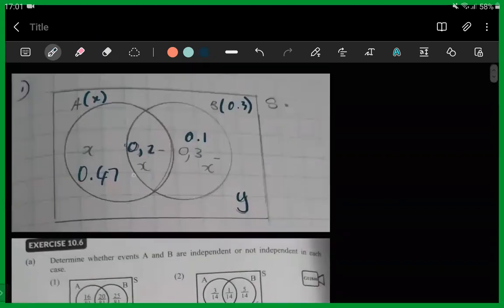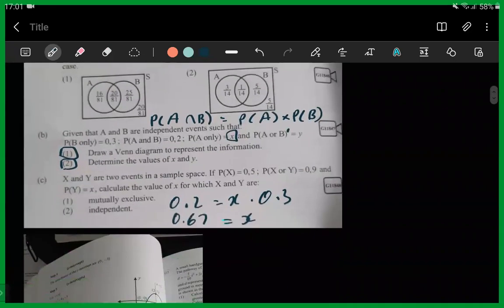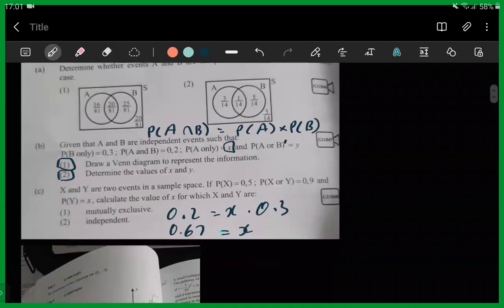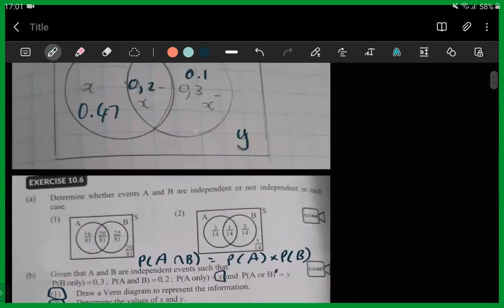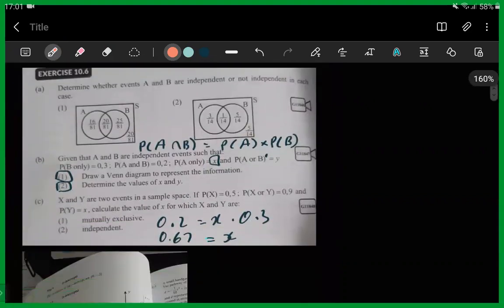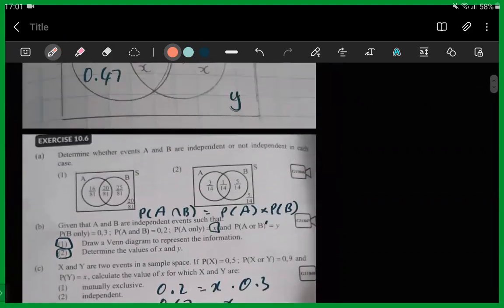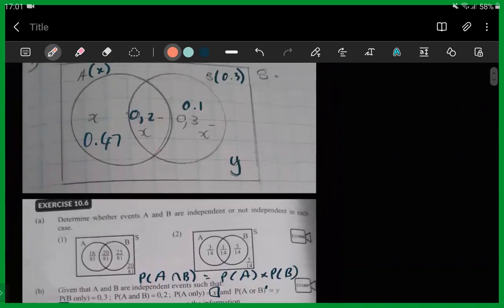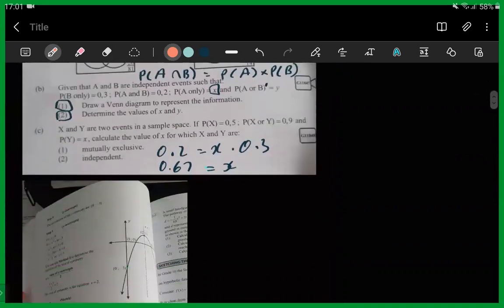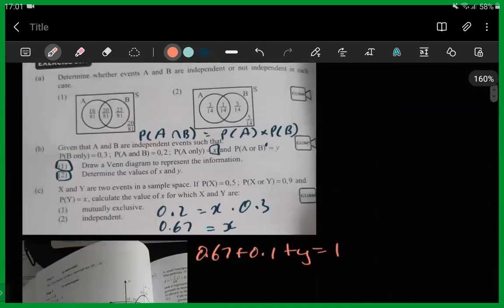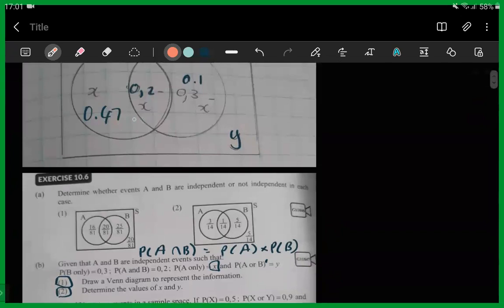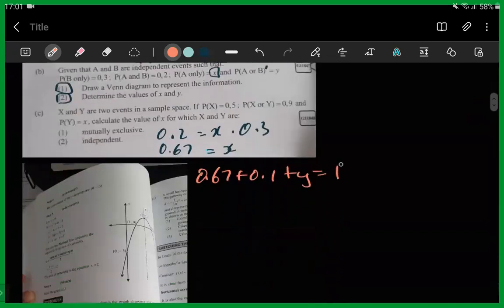Yeah, because these two should add up to the 0.67 that we're getting here. That's how we get x. Getting y is easy because we're going to add everything up and make it equal to 1, because all your options should add up to 1. So we're going to say 0.67 plus the 0.1 plus y is equal to 1.